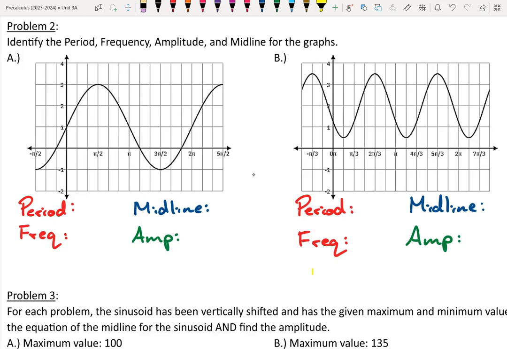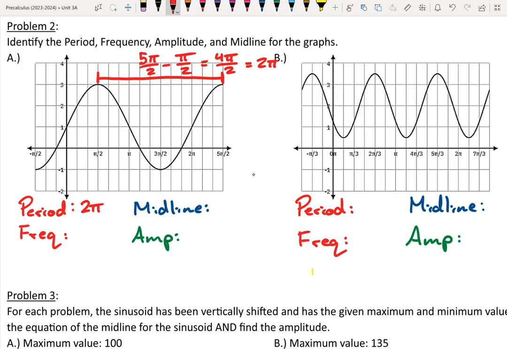Pi over 2, not 2 pi. So you went from here over to 5 pi over 2, and you subtracted those? Good. So that would have been 5 pi over 2 minus pi over 2 equals 4 pi over 2, which is 2 pi. So that would be 2 pi. Good. So that would work.